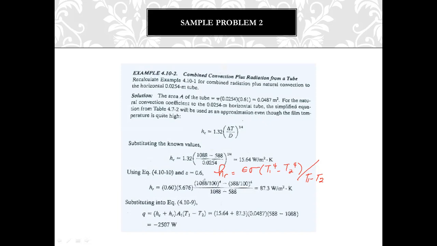So we're actually after the absolute difference of these two. That is why we write first the 1088 divided by 100 followed by the 588. In here, it's the same thing. So we have this value for H sub R, and then the rest is substitution to the formula that was shown to you in the table.